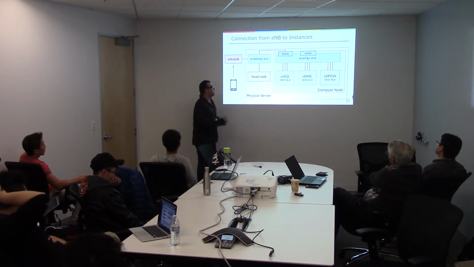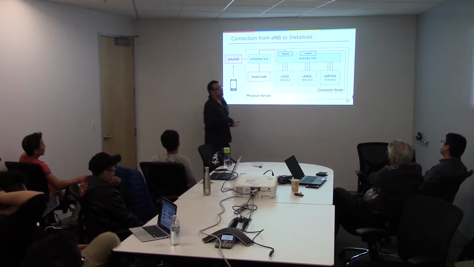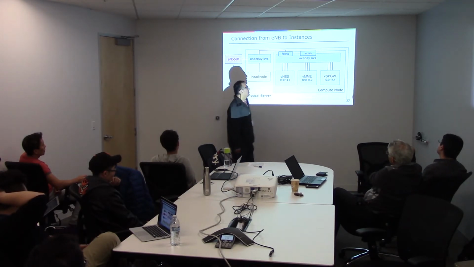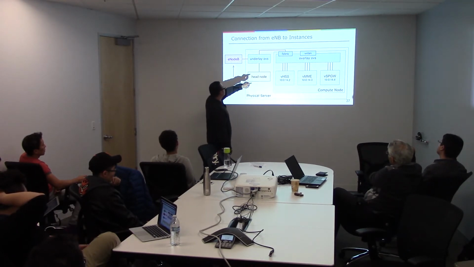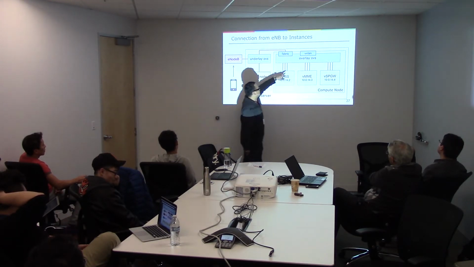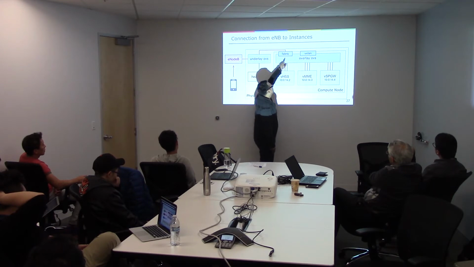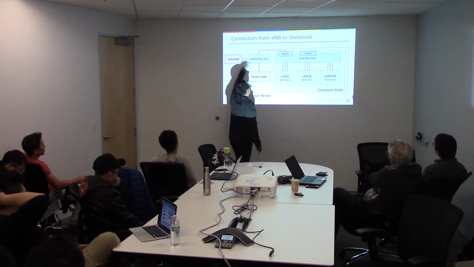So we have to manually add one flow entry inside this overlay OVS. It tells the OVS that if the destination IP is this eNodeB, it should send the packet to the framing port, and it will go out.